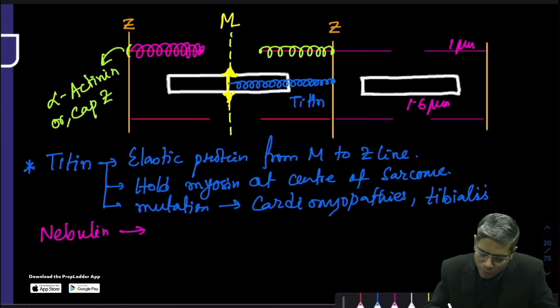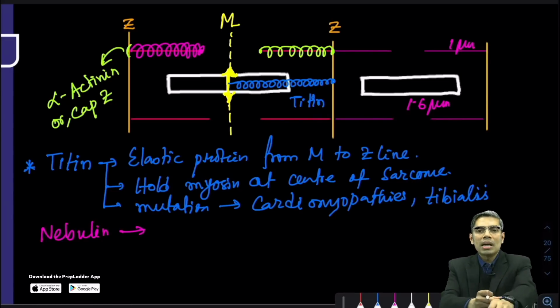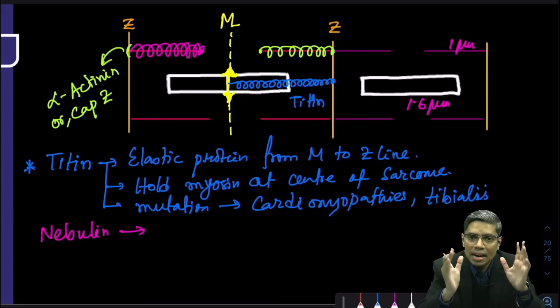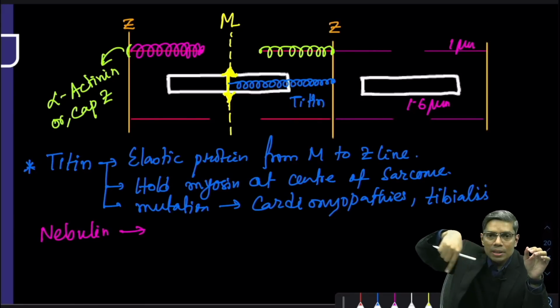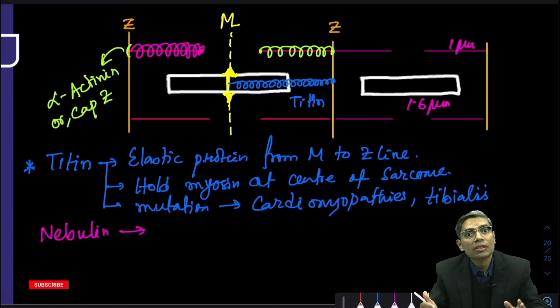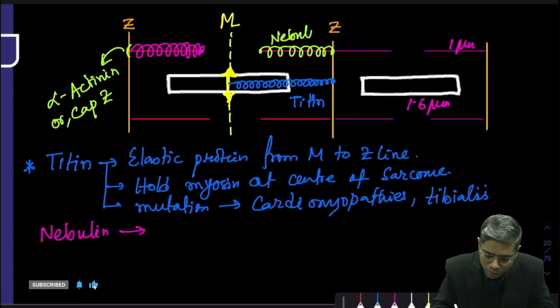It is not an elastic protein, although I am drawing it like an elastic protein. It is known as a fencing protein, a barrier protein surrounding the actin. Means it will form a barrier around the actin, so that it will prevent the loss of length of actin, right. So, this protein is known as nebulin.